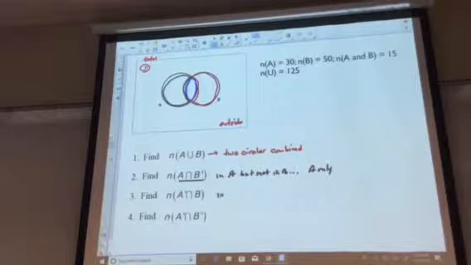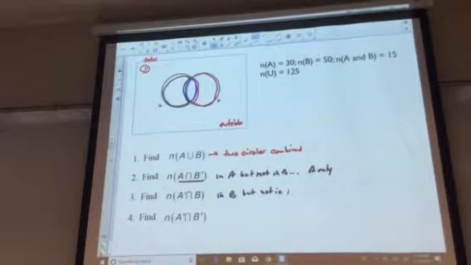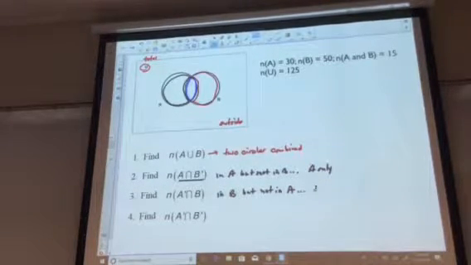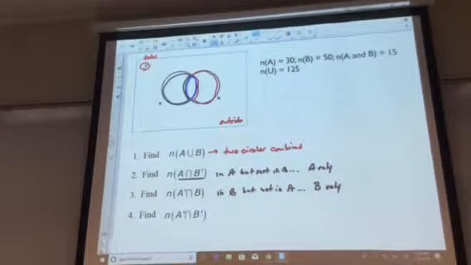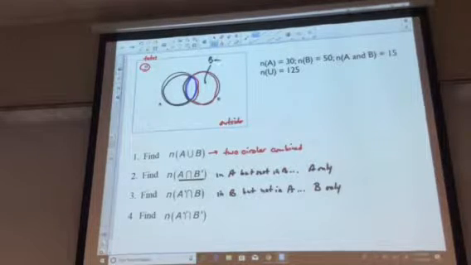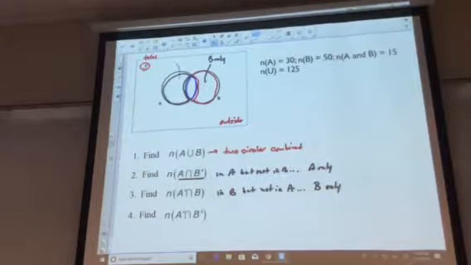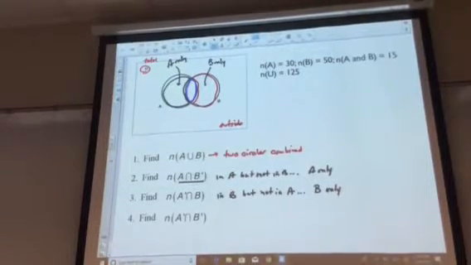This notation says it's in B, but it's not in A, which means it's in B only. So this would be B only. This would be A only.